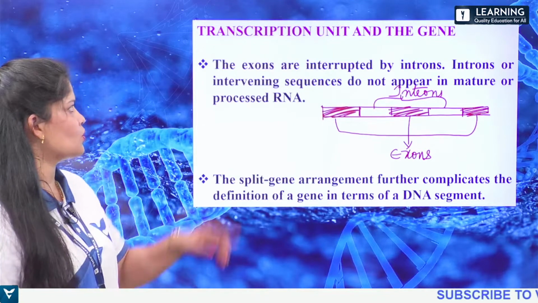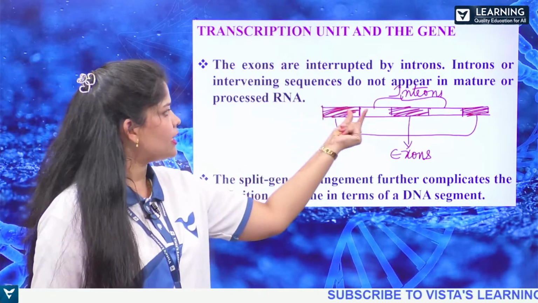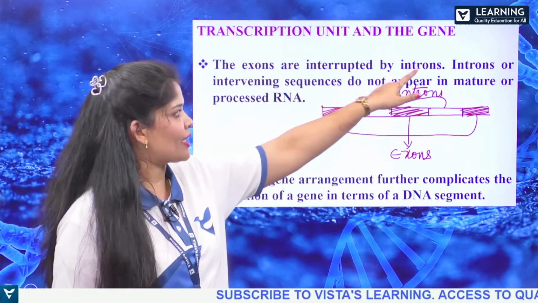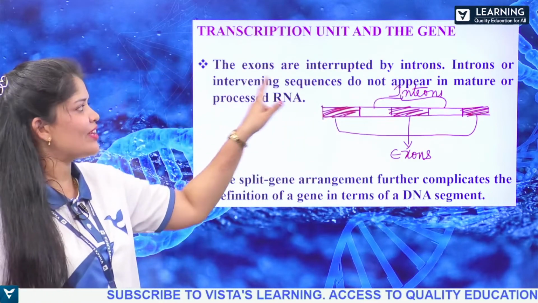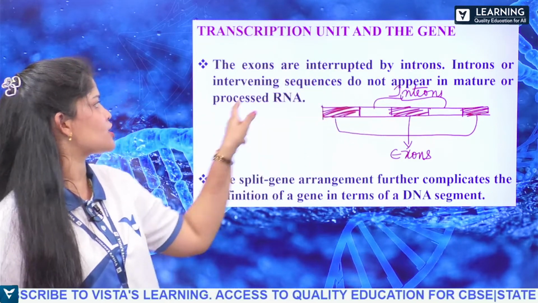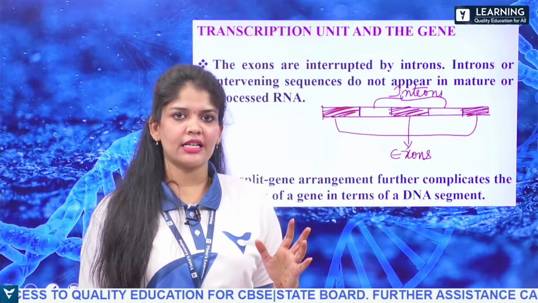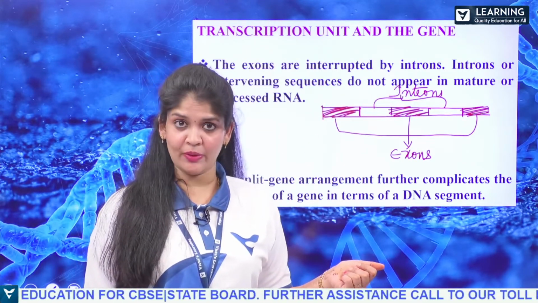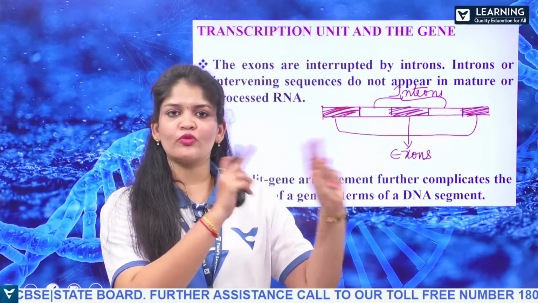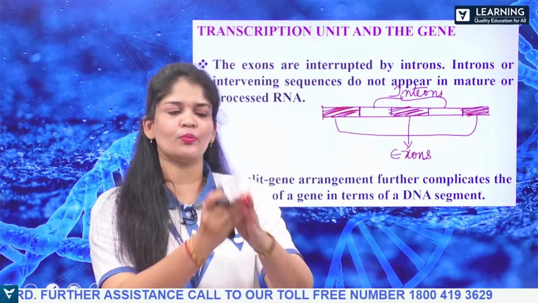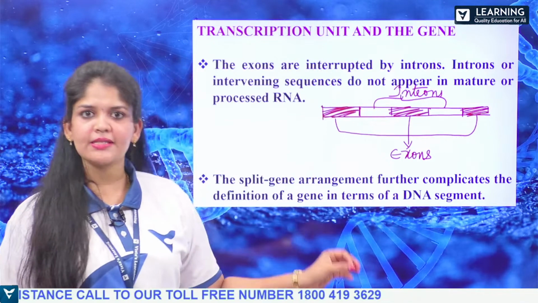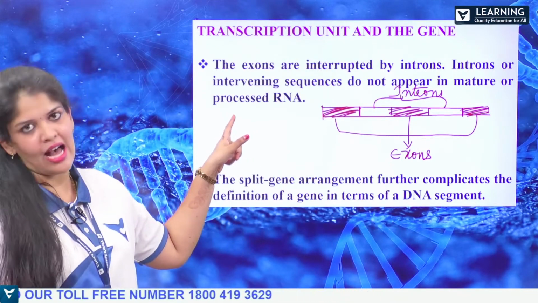So the exons are interrupted in between by introns. Introns are intervening sequences that do not appear in the mature or processed RNA, because while the splicing process of the RNA is happening, these introns are cut and removed, whereas the exons are joined together to appear in the final processed or mature RNA.